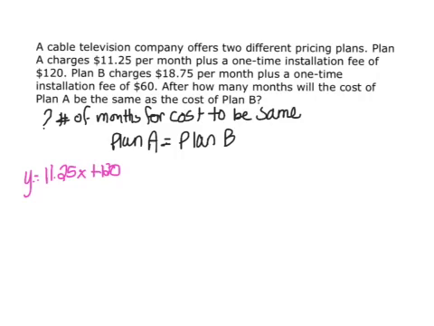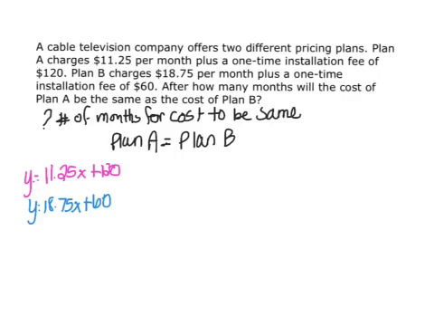Now for plan B, I know it's $18.75 per month, so $18.75x with the installation fee of $60. So even though I have 2 different plans, my variables are really talking about months and cost.